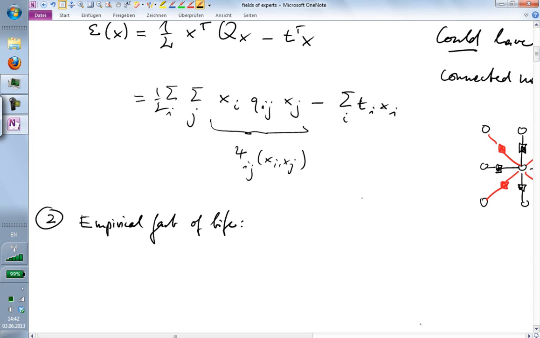Normally it's your parents telling you empirical facts of life. Now you come here and you hear them in addition. So the empirical fact of life is that natural image statistics follow a heavy-tailed distribution.